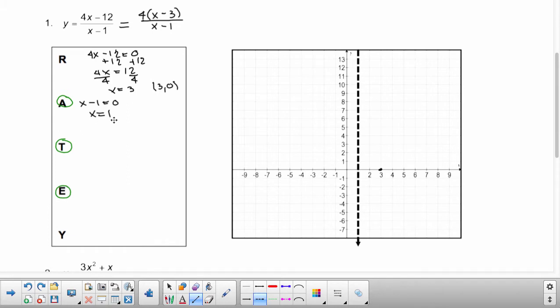Now that we've drawn our vertical asymptote, let's take a look at T. Our T has to do with two different things. That's what T stands for: tangent or togetherness. This is where we're looking at our terms in our function and seeing if we have any factors with multiplicities of 2.